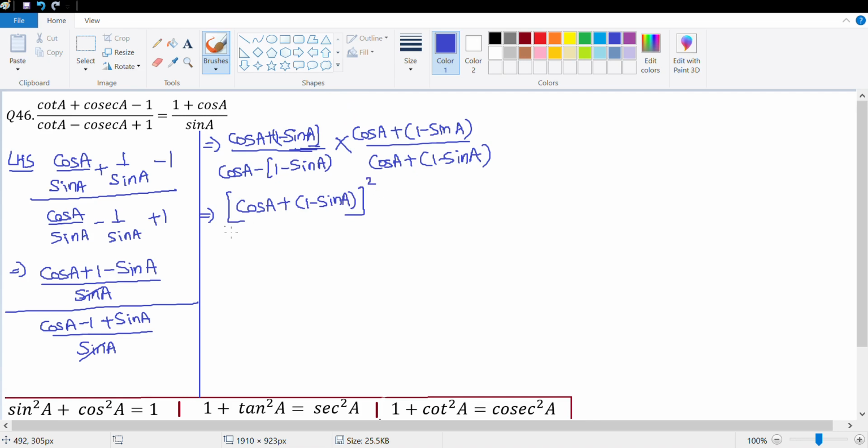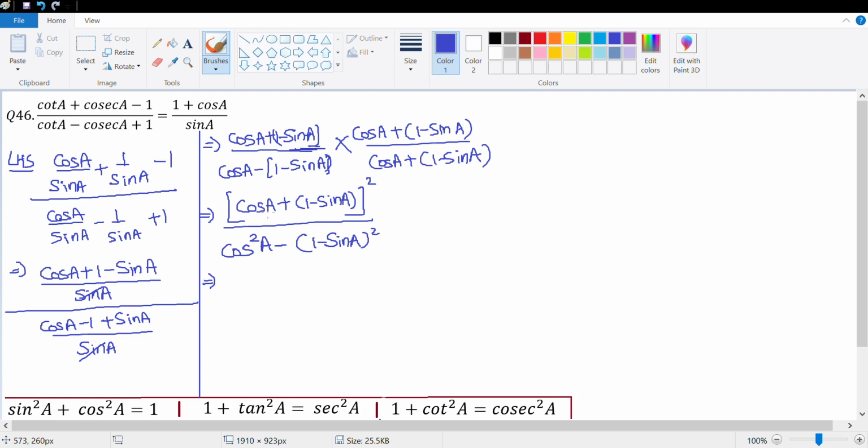And the denominator is x minus y into x plus y, which would mean x square minus y square. So the denominator would become cos square A minus 1 minus sine A whole square, right? Cos square A minus 1 minus sine A whole square. So let's open the numerator and denominator and see what do we get.